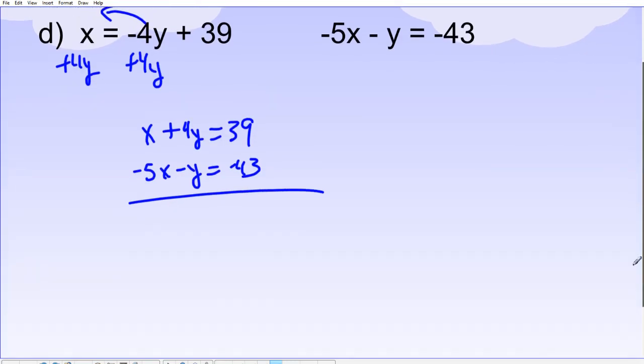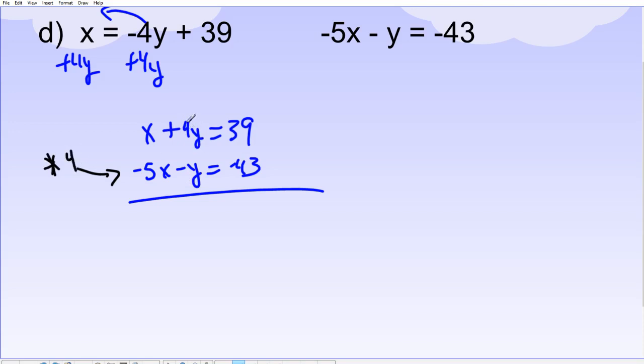Okay, so I have them set up the same. Step 1, check. Step 2, get them the same number in front of one of the variables. So what do I want to do? Well, I've got choices. I can multiply the bottom guy by 4, because then I'd have 4y and negative 4y.